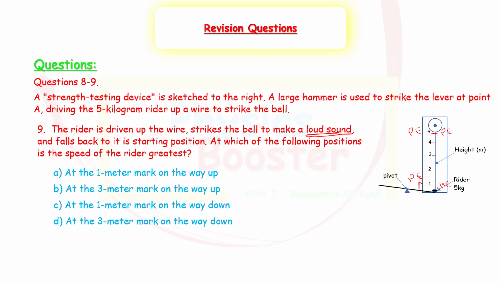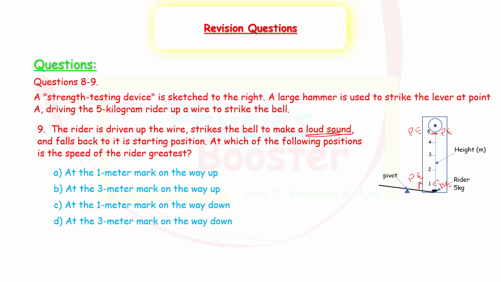When it hits the bell and comes back, it starts losing its potential energy and gaining kinetic energy again. So if we ask where the rider is fastest, you might say either at this point when it's going up or at the same point while it's going down, because kinetic energy is transforming into potential and potential is transforming again into kinetic.